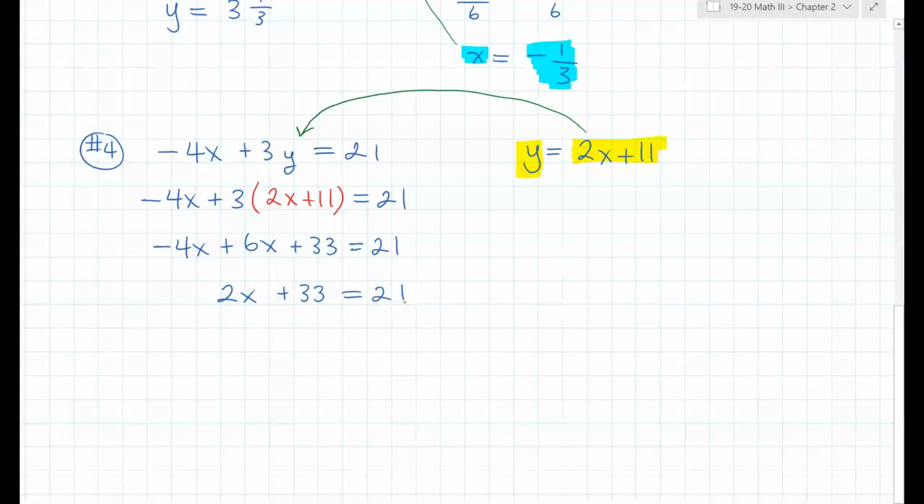Now I need to move that 33 out. I'm going to subtract it on both sides. So minus 33 on both sides. How much is that? That's going to be 12, right? So 2x equals negative 12.